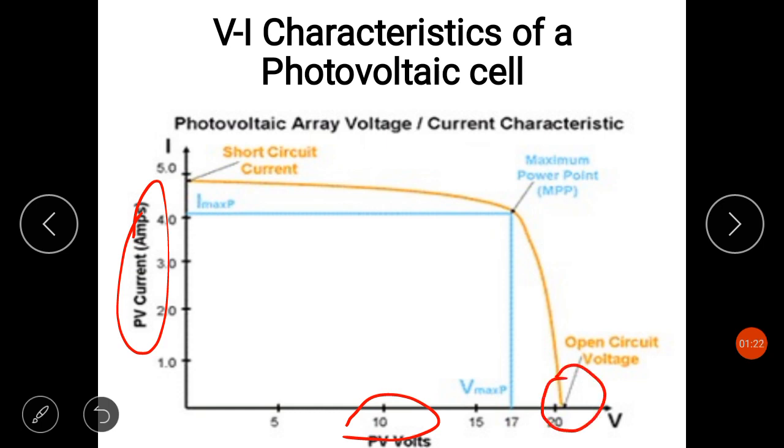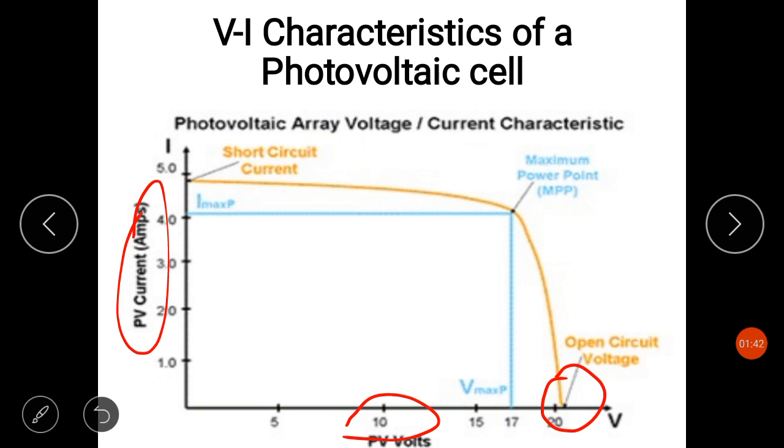Obviously there is no wire connected or closed circuit, so current won't be able to flow. So the voltage across the photovoltaic cell is the open circuit voltage and it will be maximum, and the current is minimum, or you can say the current is 0.